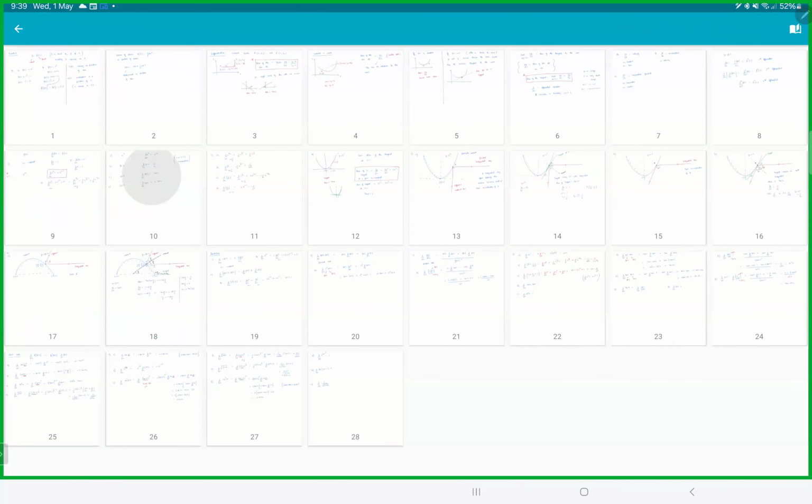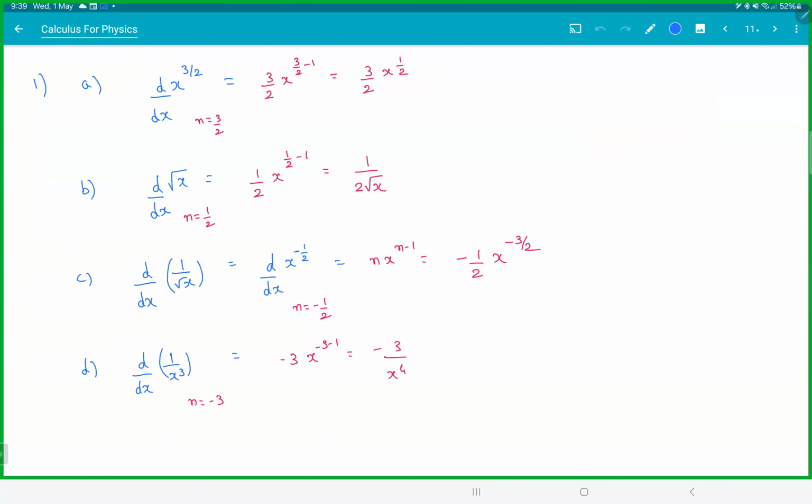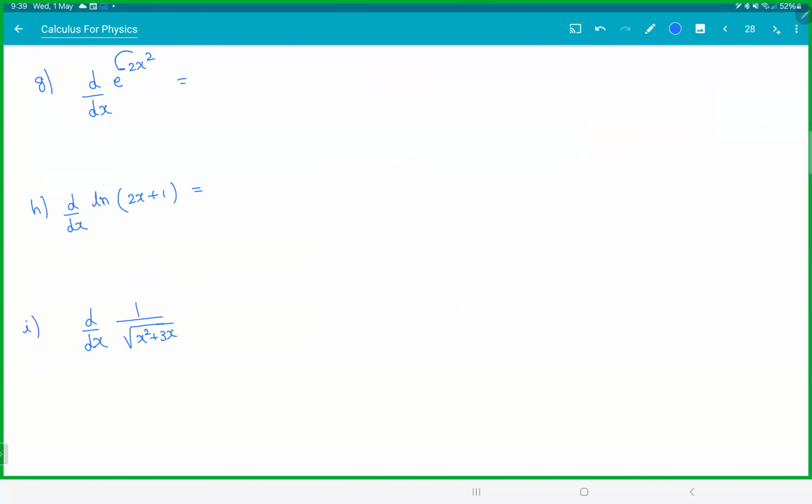The differential of e power x is e power x only. But here, in place of x, you have something weird. You have e power minus 2x square. Try. One minute for each.